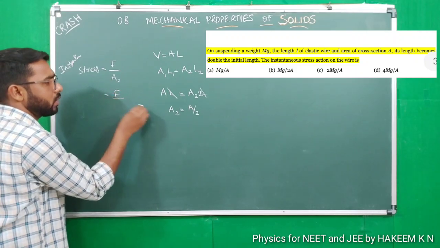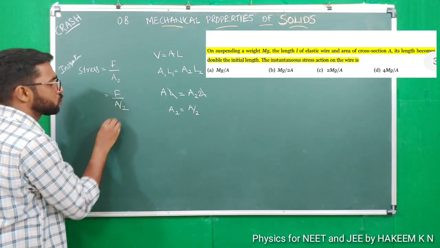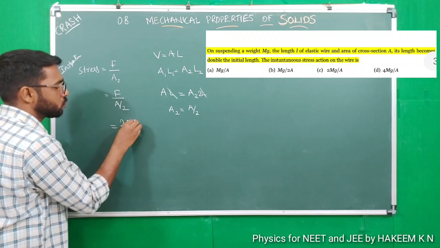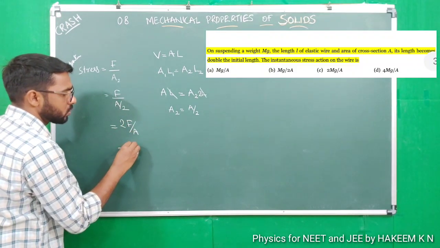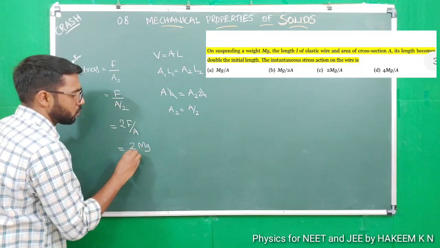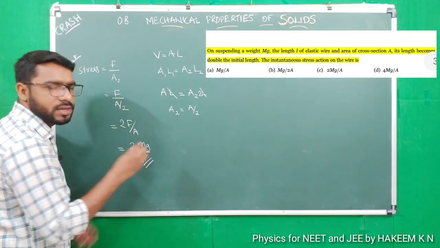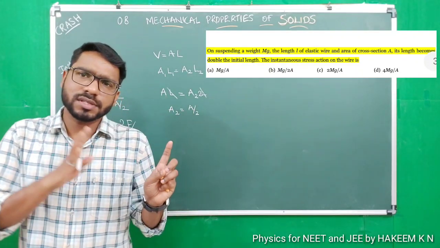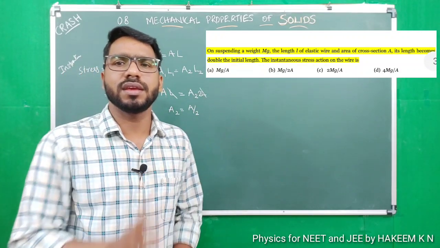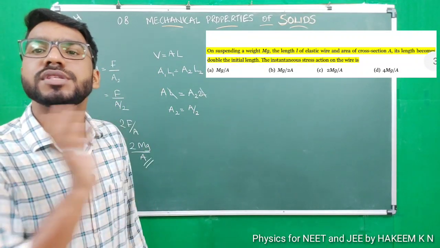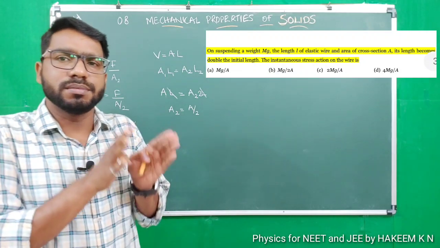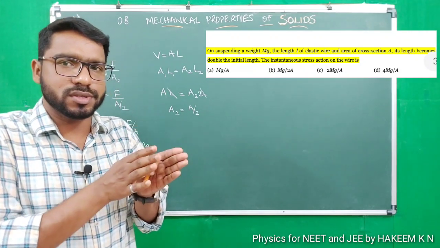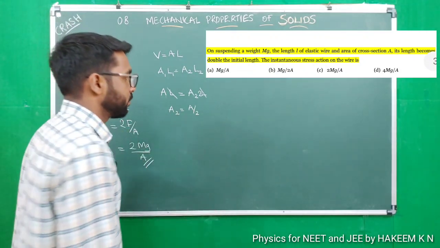So F by A by 2, 2 will go to the top, 2F by A, mg is the force, so 2 mg by A is the instantaneous stress. But the stress applied at the beginning is F by A, mg by A. Mg by A is the stress applied.